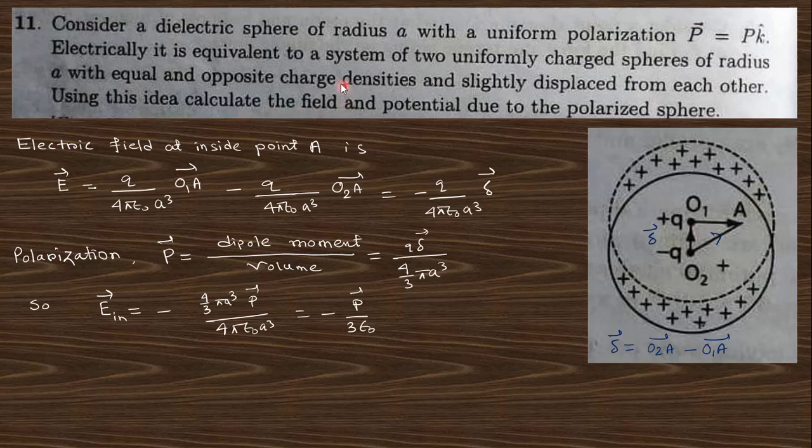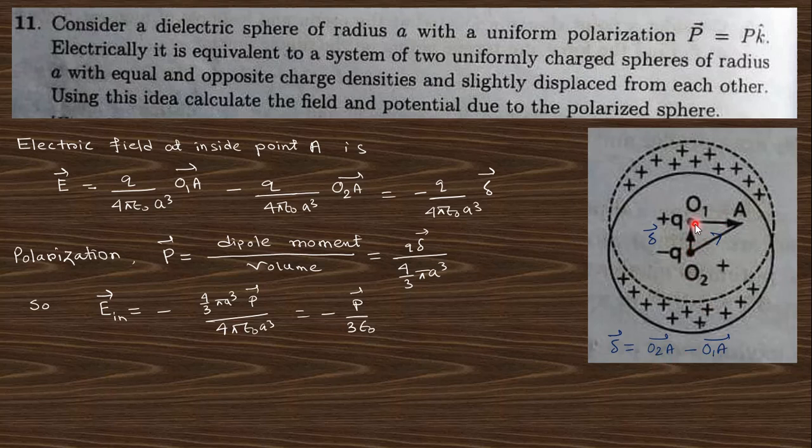Using this idea, calculate the field and potential due to the polarized sphere. You know this expression for the potential within the sphere, and this is also within the sphere. So you will get this expression where delta can be written as O2 minus O1.